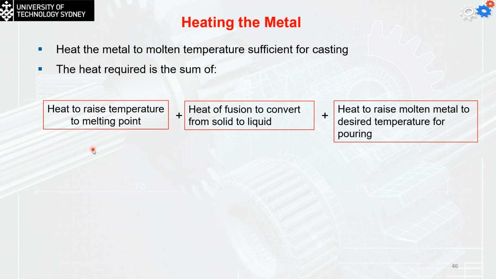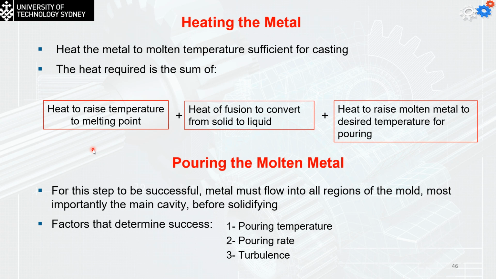To pour the metal, we need to heat it to the melting point, and then add the heat of fusion, which converts the whole solid to a liquid. That's not going to be enough. We need to add more heat to raise the molten metal to a higher temperature, so that it is fluid enough to fill the cavities freely without any premature solidification.